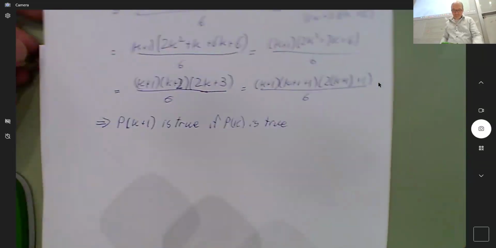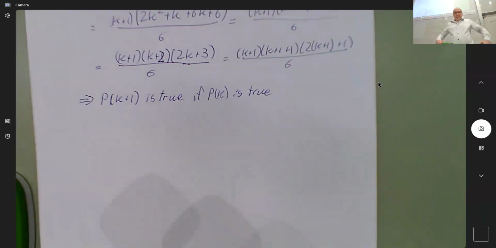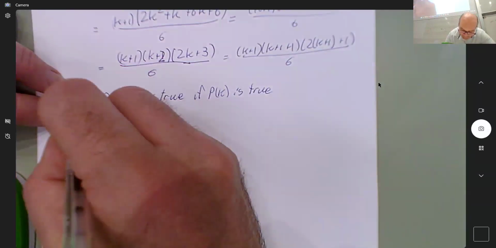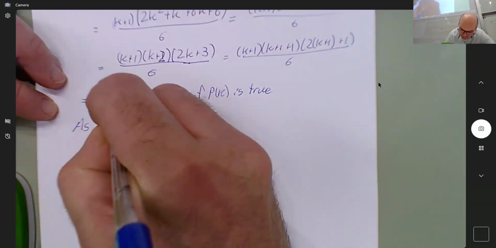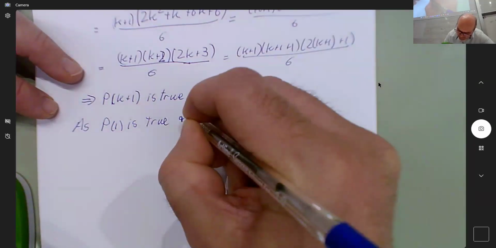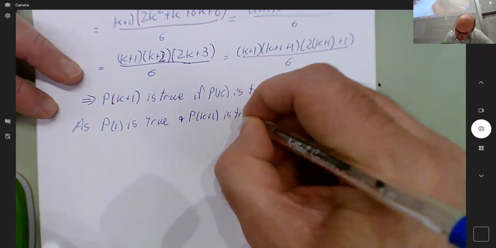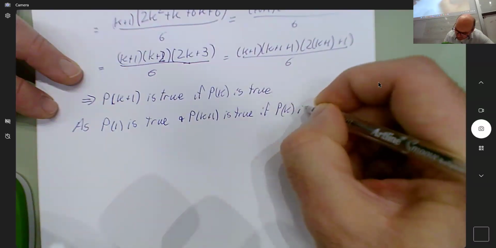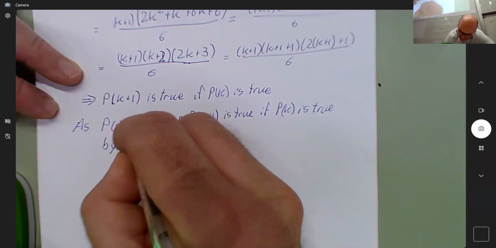So now we'd do something like, as P(1) is true and P(k plus 1) is true if P(k) is true, by the principle of mathematical induction.